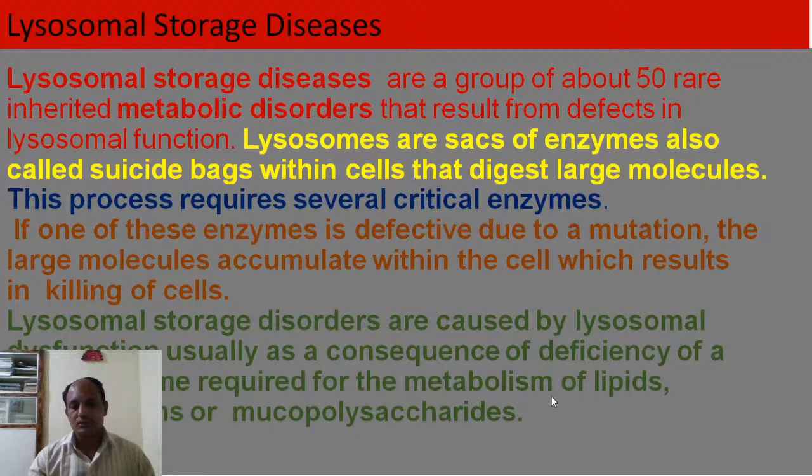So all these, that is lipids, glycoproteins and mucopolysaccharides, are digested by the enzymes present in lysosomes. But if any one of these enzymes is defective, or is not produced, or if lysosomal function is not normal, then there is a disturbance in the metabolism of these lipids, glycoproteins and mucopolysaccharides, and that leads to different types of lysosomal storage diseases.